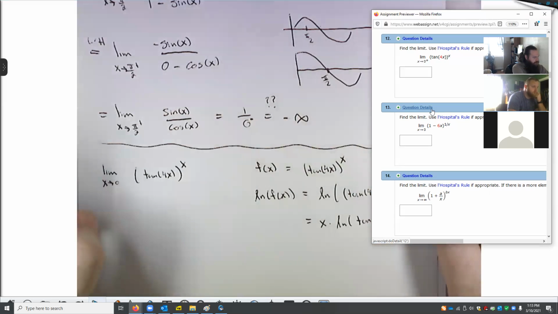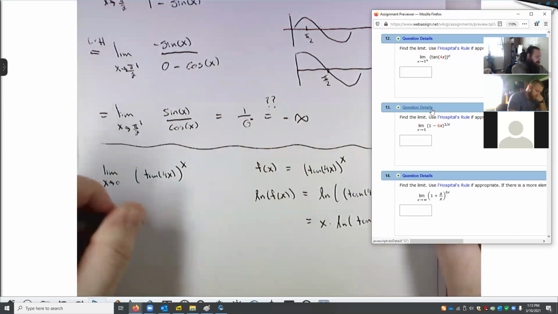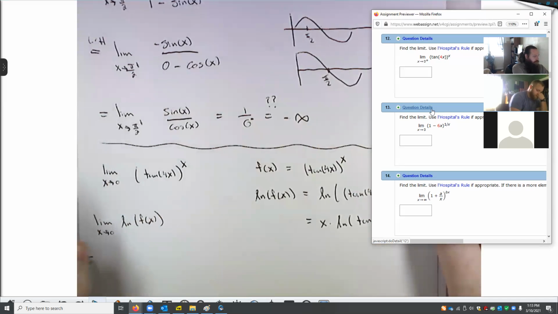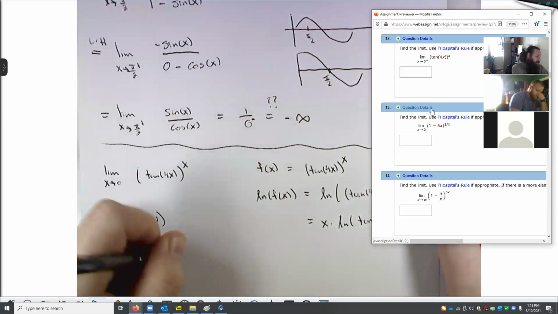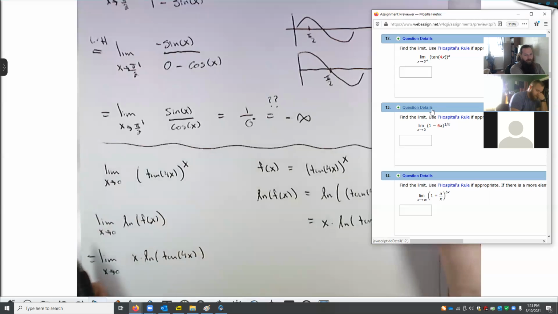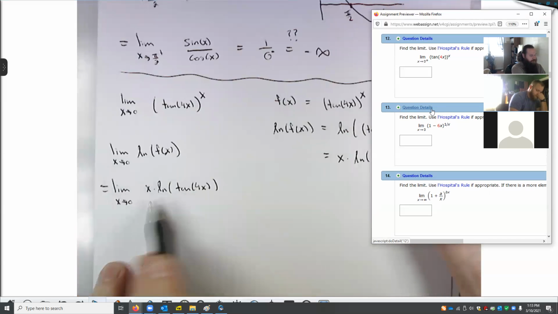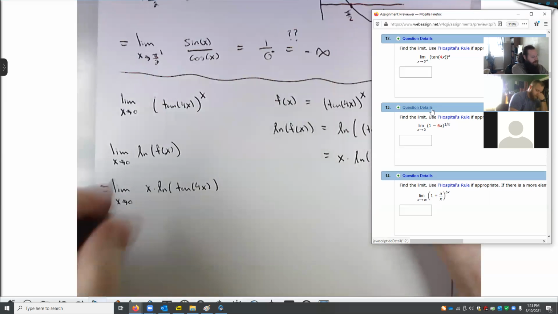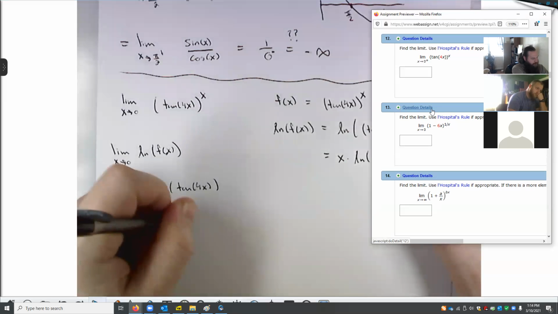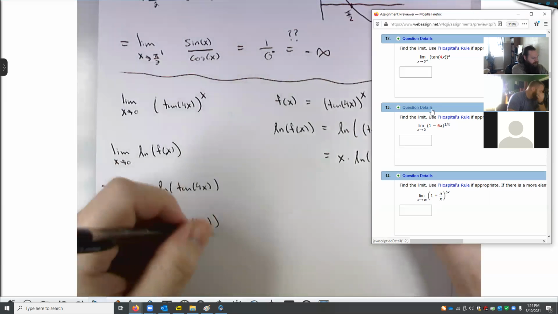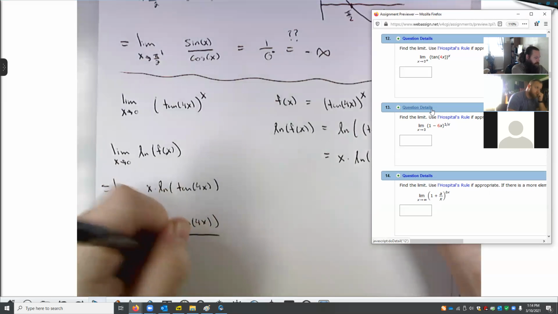So the limit as x goes to 0 of the natural log of f of x is equal to the limit as x goes to 0 of x times the natural log of tan 4x. If we tried to send x to 0 here, this would be like 0 times the natural log of 0, which is 0 times infinity. So we shove the x downstairs, and that will get us to a place where we can apply L'Hopital's rule. So this will be the natural log of tan 4x divided by 1 over x, like this, right?